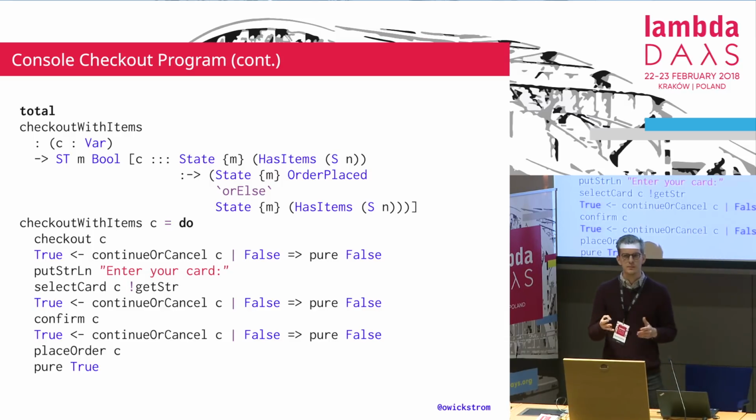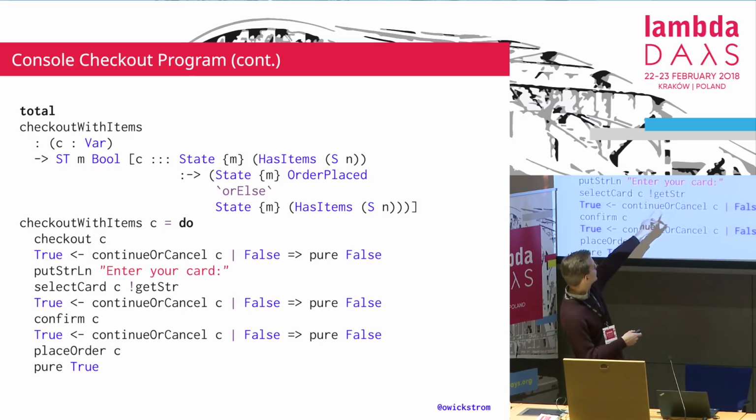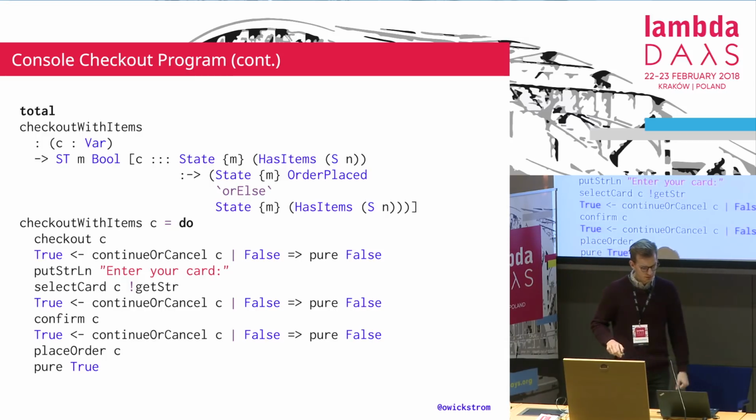So here you see the dependent types going on, where the return value decides the return type. We ask for a credit card, and eventually we will place the order. And you see all these continual cancels sprinkled through. Those could only occur in those places because of the types. That's kind of cool.